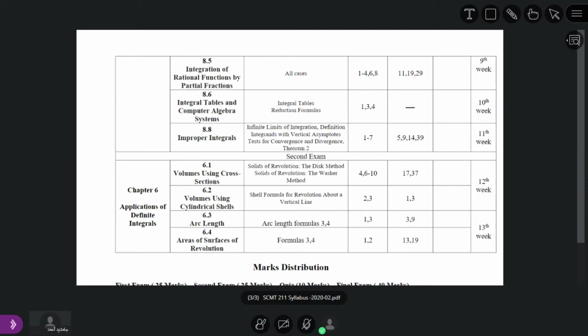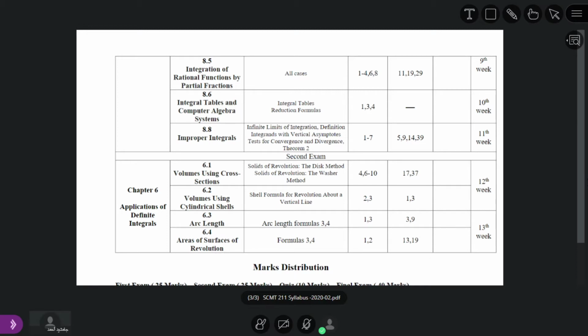In 8.6 we shall solve integral tables and computer algebra systems. In 8.8 we shall solve improper integrals. An improper integral is basically one where one endpoint is some constant and the other endpoint is infinity or minus infinity.